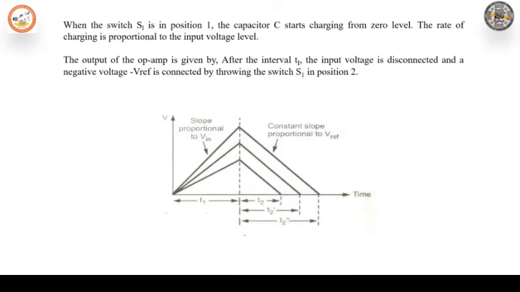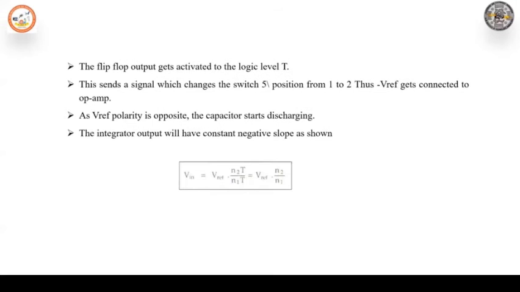At this instant, the output of the zero comparator changes its state. This in turn sends a signal to the control logic and the gate gets closed. Thus, the gate remains open for the period T1 plus T2. The counting operation stops at this instant.